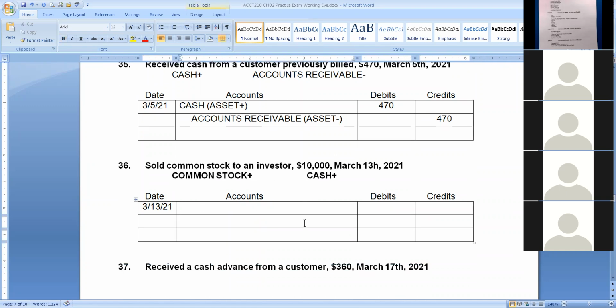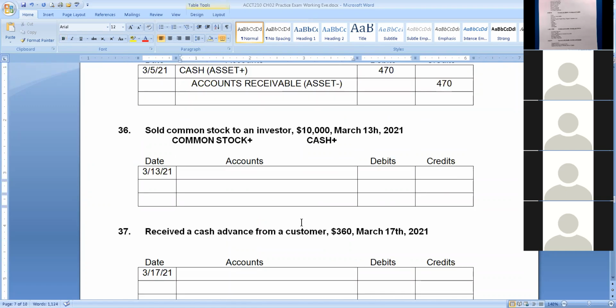So what's the journal entry going to be? Cash as a debit, common stock as a credit. Yeah, our cash is going up with a debit. And then down here, the common stock is going to increase with a credit. So the cash is going up, and our common stock is also going up. And now we have more owners.